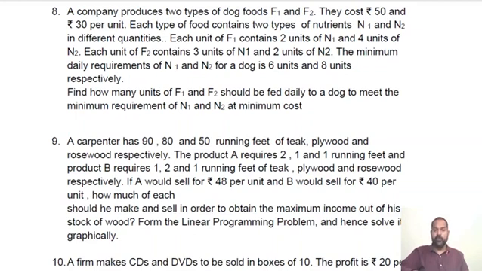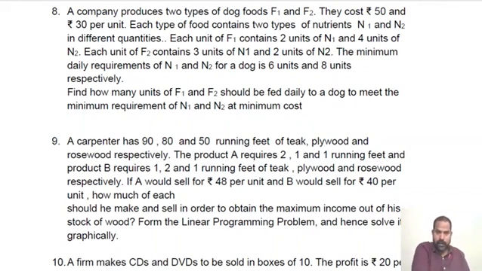Find how many units of F1 and F2 should be fed daily to the dog to meet the minimum requirement of N1 and N2 at minimum cost. Whose cost? The cost of F1 and F2, which means I have to minimize the cost obeying the minimum requirement constraint.